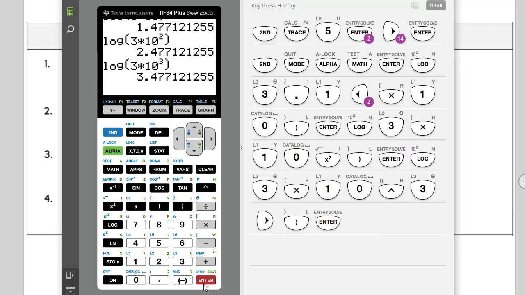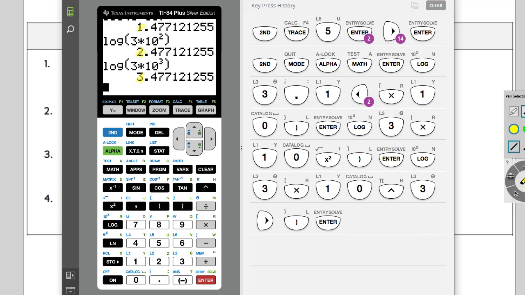It says, what is the pattern in the integer parts of these numbers? If we look on the calculator, we see that the integer part is going from 1 to 2 to 3. We got the 1 there, 2 here, 3.